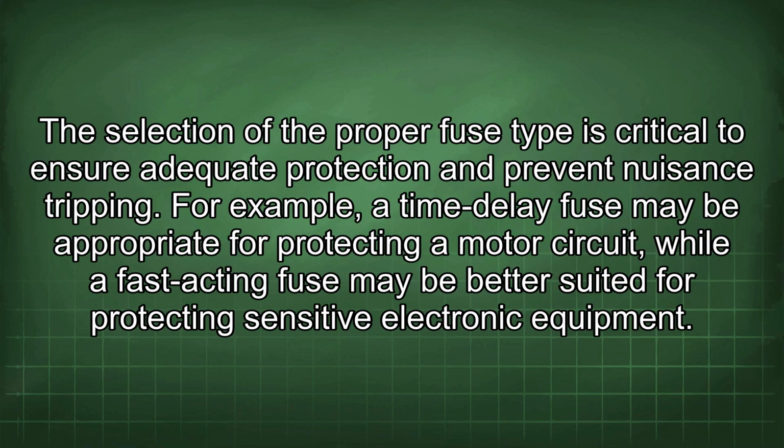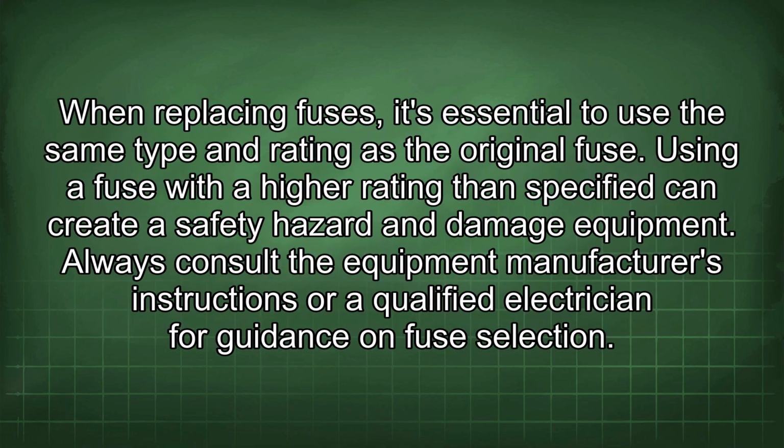The selection of the proper fuse type is critical to ensure adequate protection and prevent nuisance tripping. For example, a time delay fuse may be appropriate for protecting a motor circuit, while a fast-acting fuse may be better suited for protecting sensitive electronic equipment. When replacing fuses, it's essential to use the same type and rating as the original fuse.